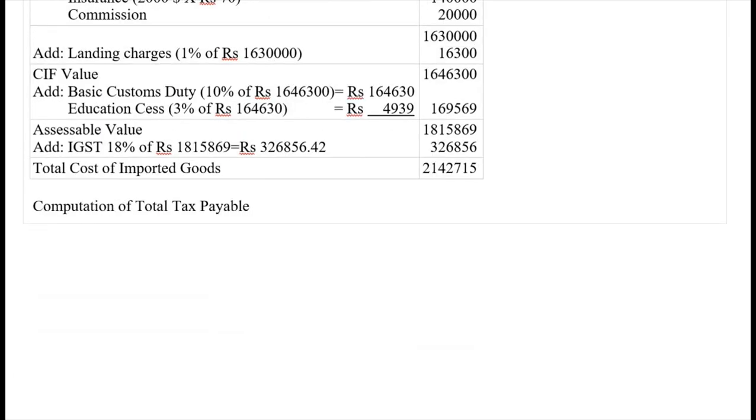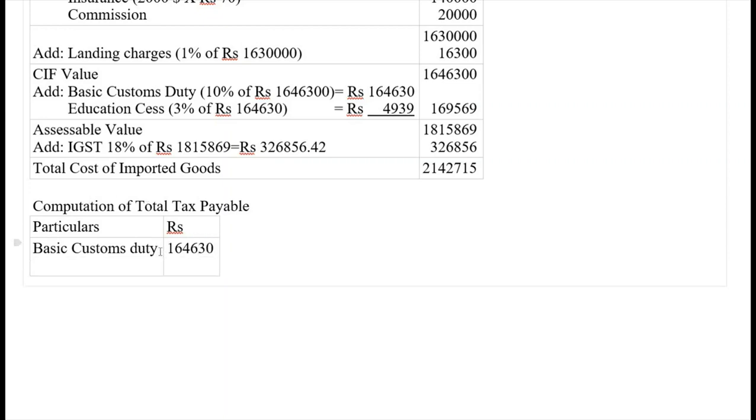So let me insert columns here. Particulars, rupees. So basic customs duty, which we have computed as 1,64,630.